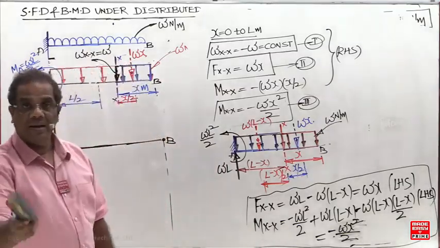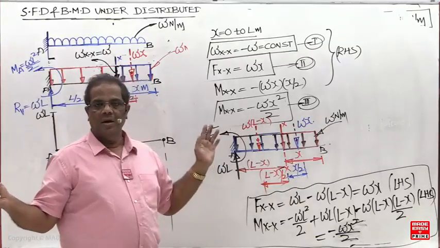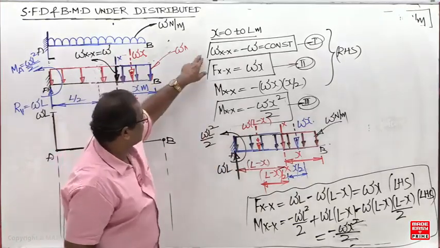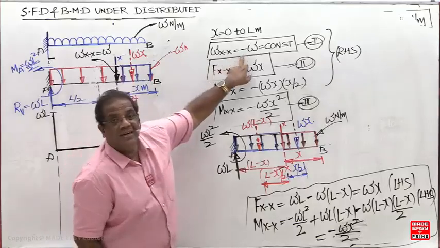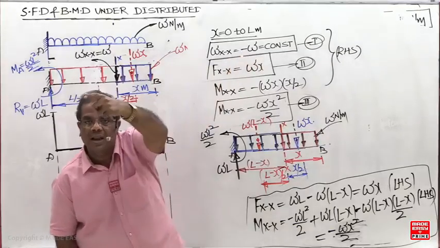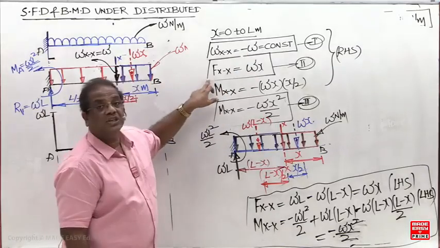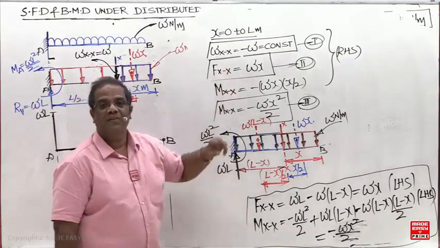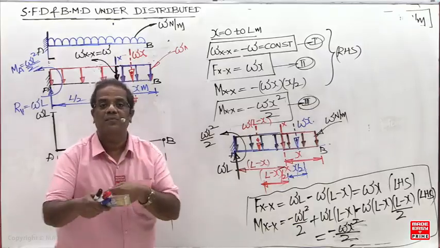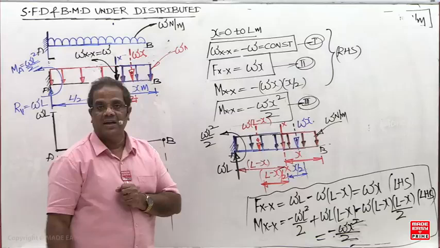Now I am making the board. This is important, so write down all of this. What is the conclusion from this? Does the load intensity depend upon X or is it independent of X? Independent. That's why it is called UDL. Independent, constant. But what about the shear force? It is a function of X. The only new conclusion is that shear force variation is one order higher than load intensity.